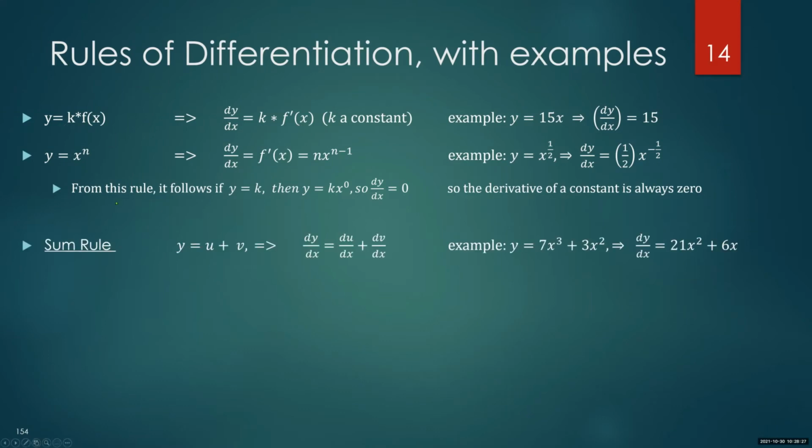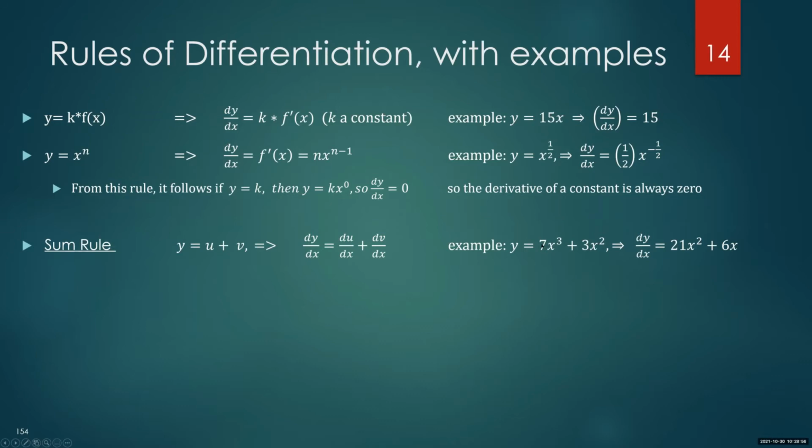So here's the sum rule. If y is equal to u plus v, where u is a function and v is a function, dy dx is equal to du dx plus dv dx. A simple example: let's say y is equal to 7x cubed plus 3x squared. 7x cubed is a function, we can say it's the u function.